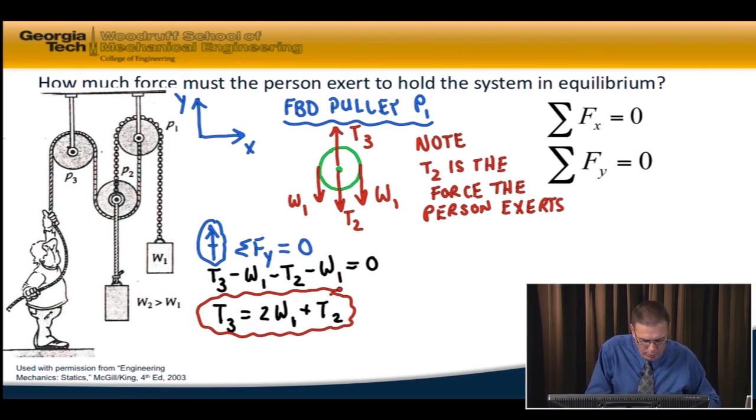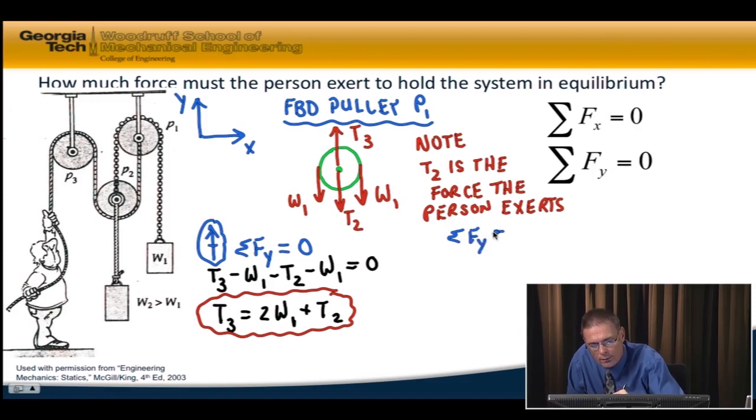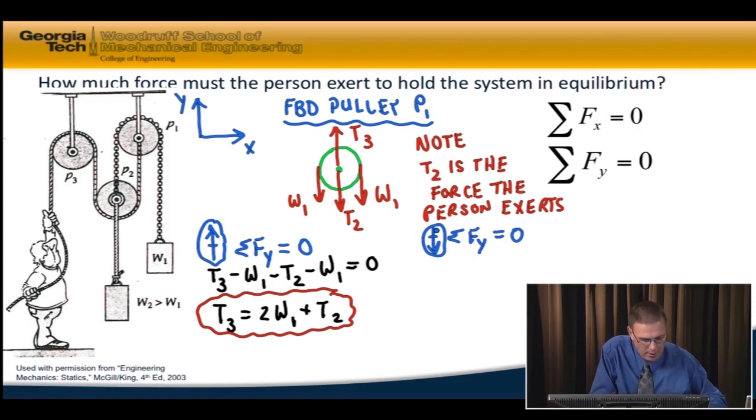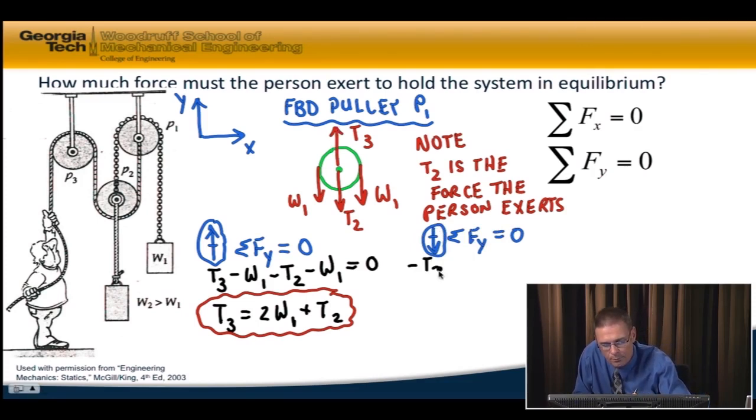Just to show you that it wouldn't have mattered if I had chosen my sign convention as being down, let's redo that. The sum of the forces in y equals 0. I'll choose down as being positive. In this case, T3 is up, so it would be minus T3. W1 is down, so that's positive in accordance with this sign convention, plus W1.